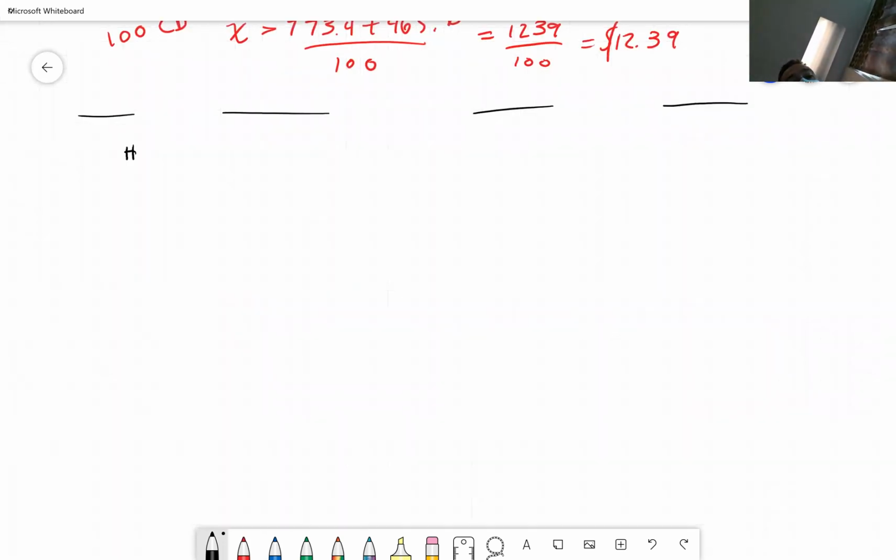In essence, it's saying estimate the mean. What it gives you is a grouped frequency distribution, so it gives you some classes.